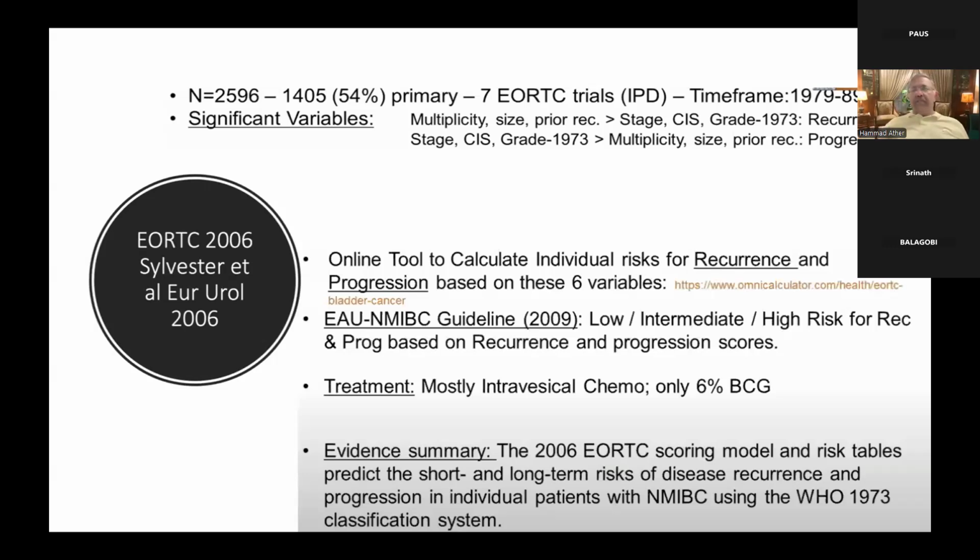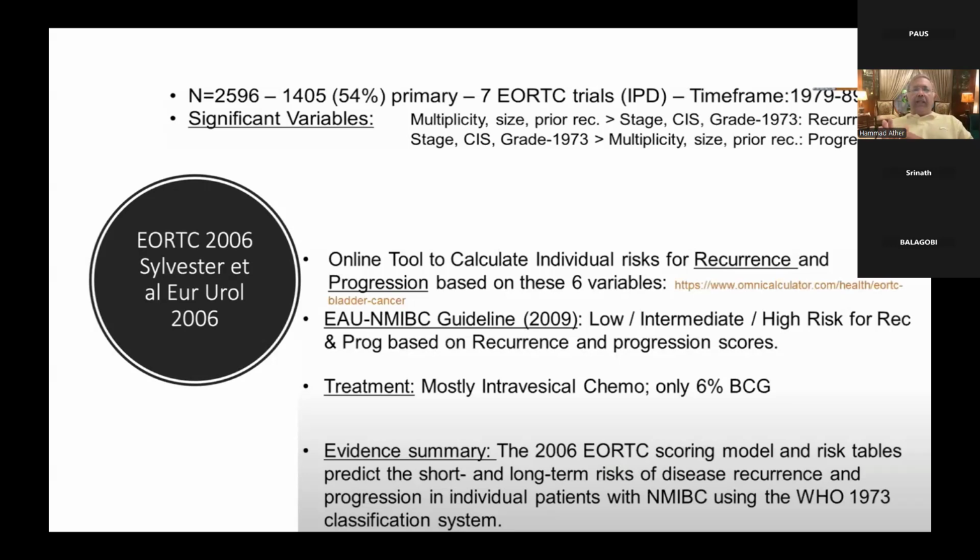Based upon this, the Omni calculator was introduced and was available for everyone to download. That calculator looks at all these variables, and for any given patient you can calculate the risk for recurrence and progression.